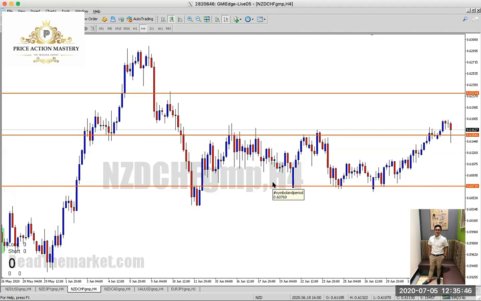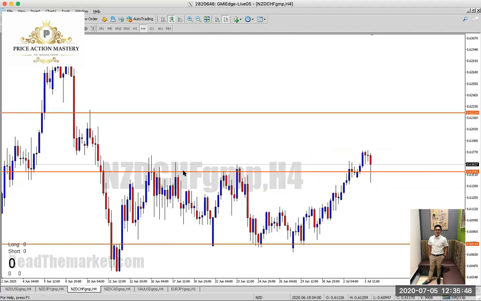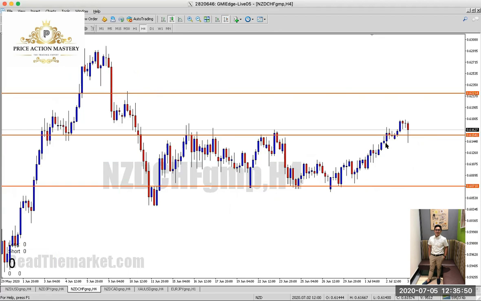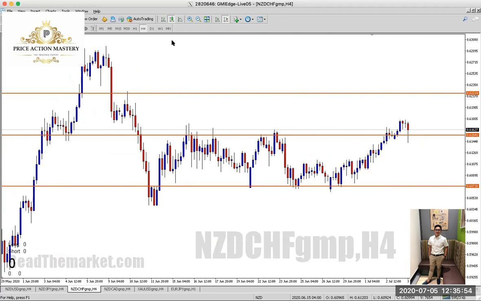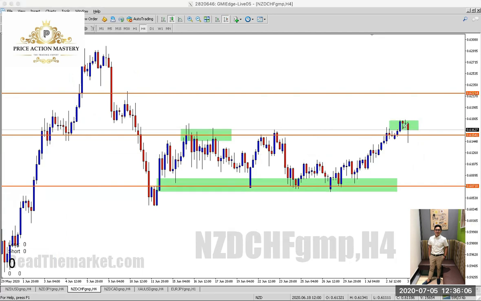Okay, NZD CHF. As you can see, uptrend, very clear. High, so-called low, and then higher high. Very clear that this level is higher than this level.